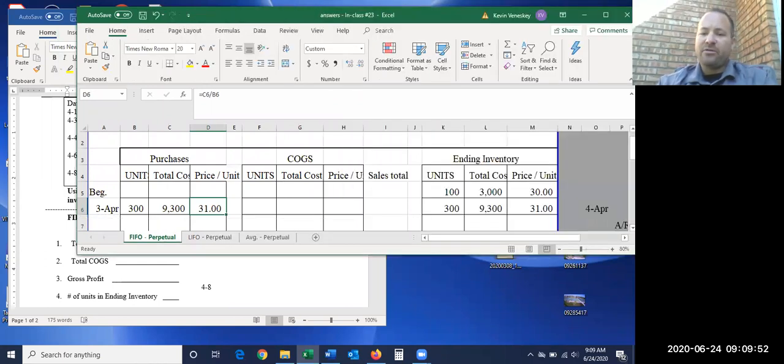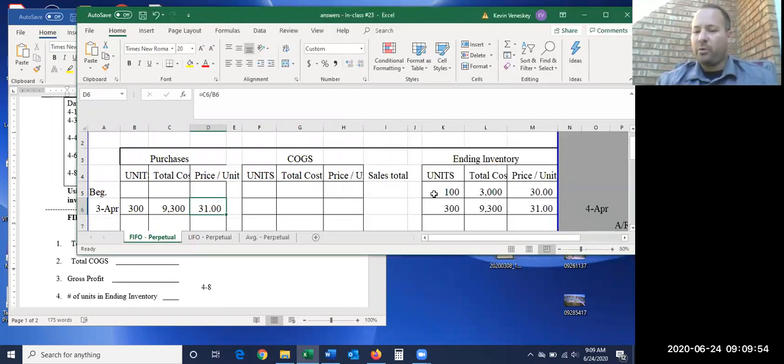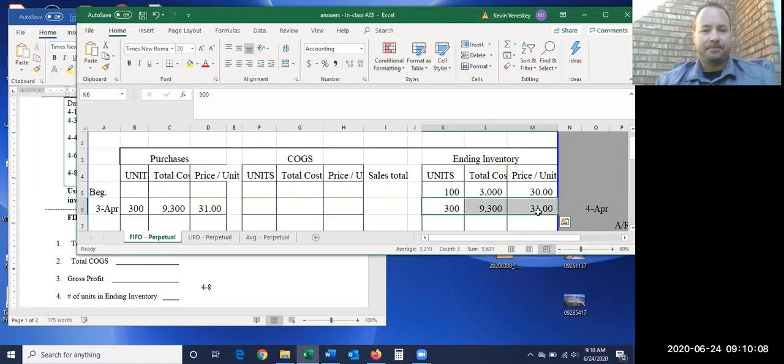And then in my ending inventory, notice what I'm doing. I'm keeping each one separate. Do not combine them, not for FIFO and LIFO, because I want to know which ones are the first ones in and then which ones are the last ones in. And that's going to come into play next.